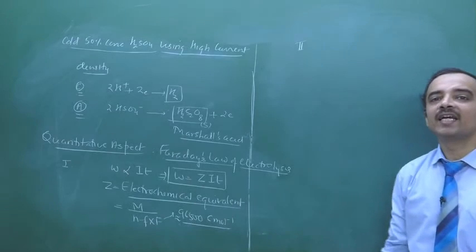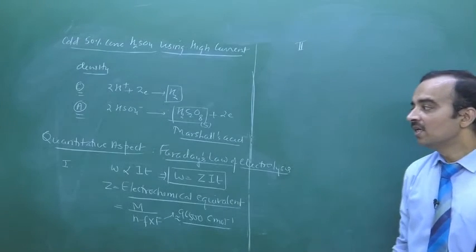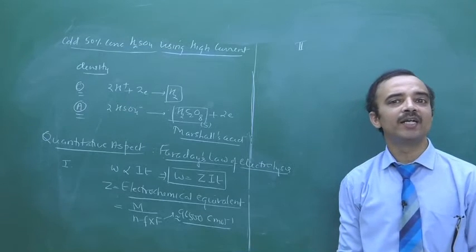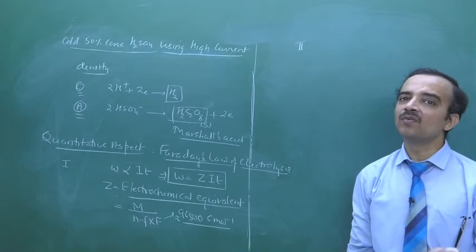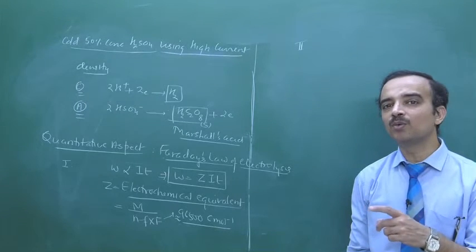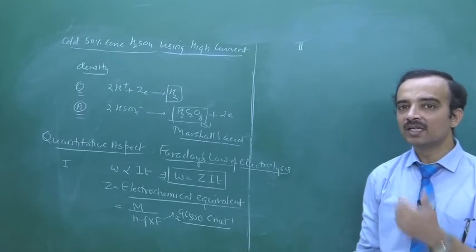According to Faraday's second law of electrolysis, when same quantity of electricity is passed through different electrolytes, then the amount of substance deposited or liberated is directly proportional to its equivalent mass.